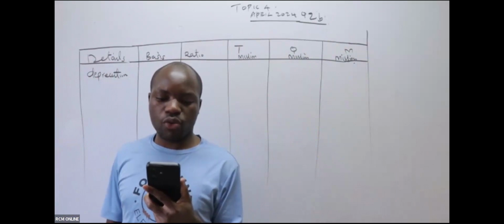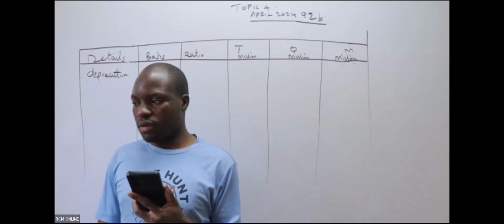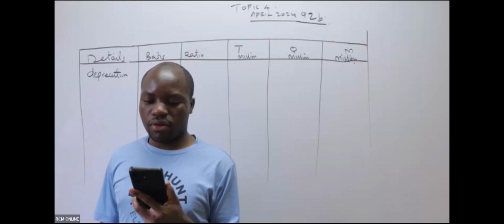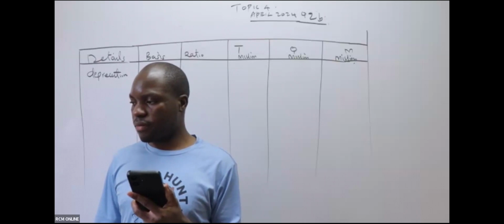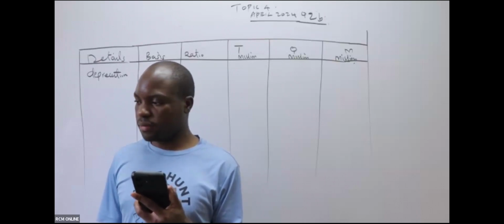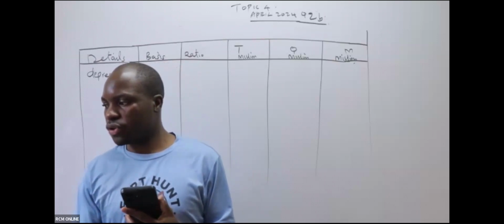The first table, we have overhead cost, we have amount, and then the basis of apportionment. So what are we going to use to apportion depreciation here? Somebody? We have it there. I just want you to mention it.